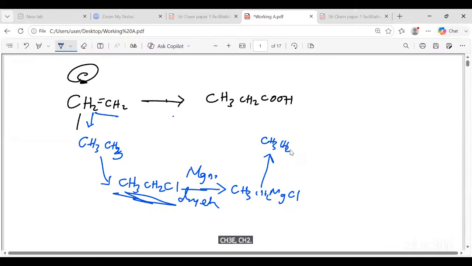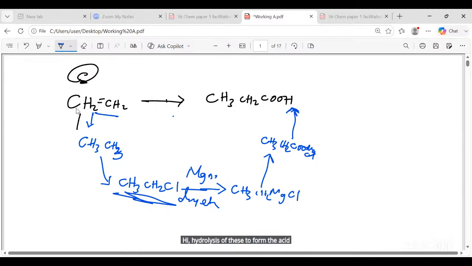Here is adding carbon dioxide, which is going to attach there. Then after that is adding what? Hydrolysis of this to form the acid.